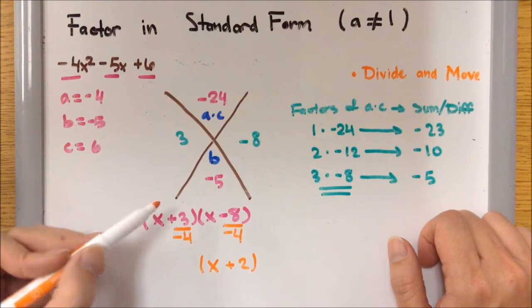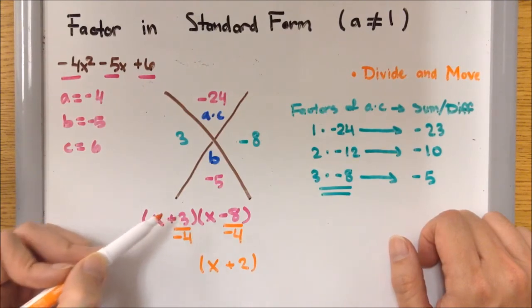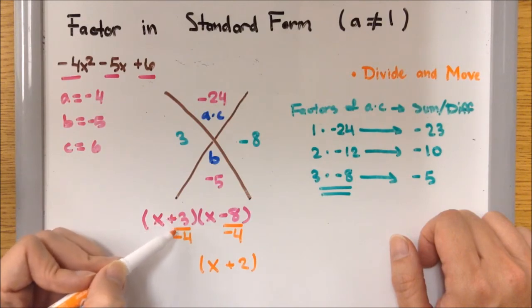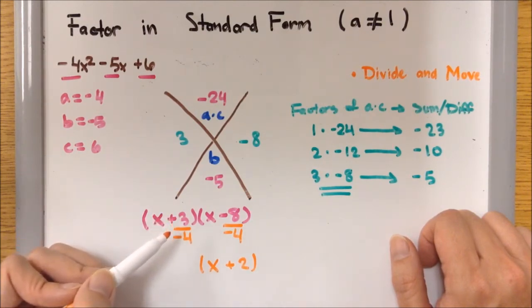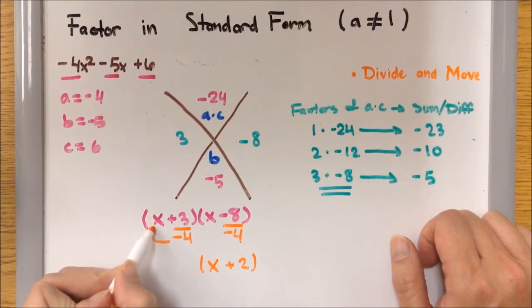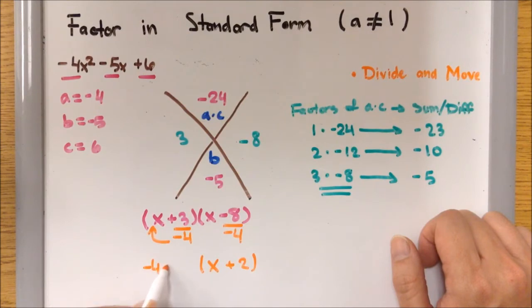Now the only one that we cannot divide into a whole number is this fraction right here. Positive 3 divided by negative 4. That will not become a whole number, so what we're going to do is move negative 4 in front of x. So our new factor will be negative 4x plus 3.